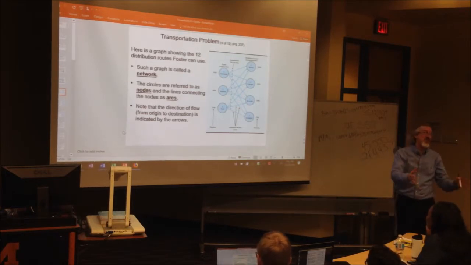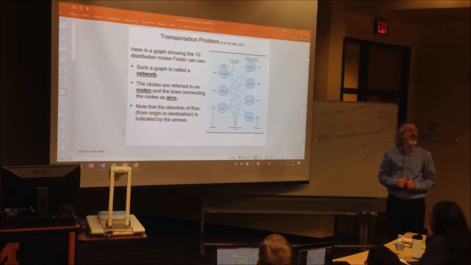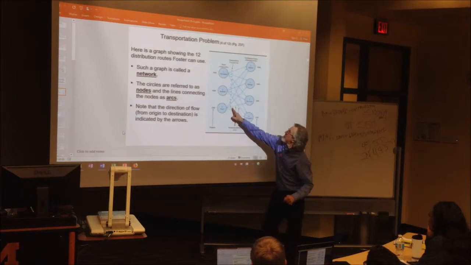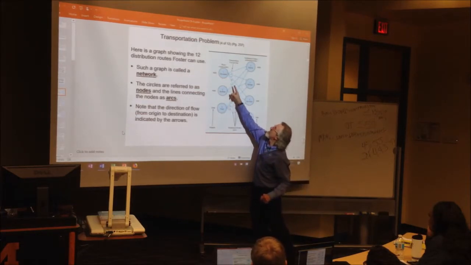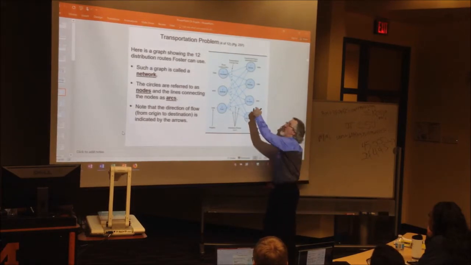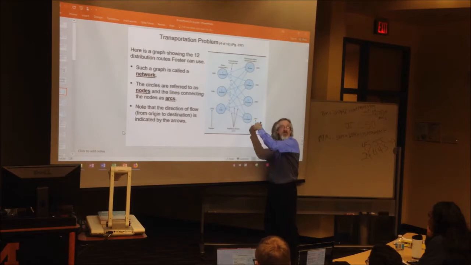How many variables do you see? Now, give me a chance to add them. Okay, how many variables are there? 12. 12 arcs. Get it? 1, 2, 3, 4, 5, 6, 7, 8, 9, 10, 11, 12. Those are the arcs, right there. If you have another arc right here, going from here to here, that's another variable.